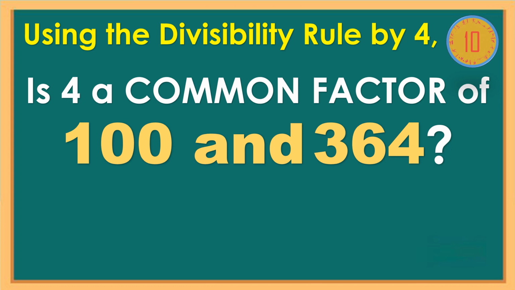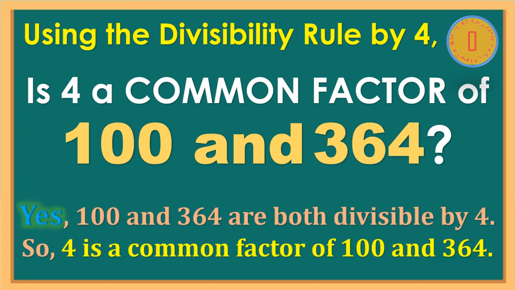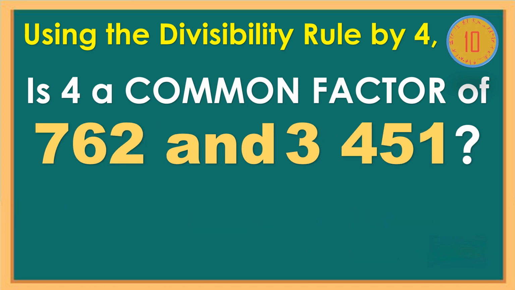Is 4 a common factor of 100 and 364? Yes, 100 and 364 are both divisible by 4. So, 4 is a common factor of 100 and 364. Is 4 a common factor of 762 and 3451?